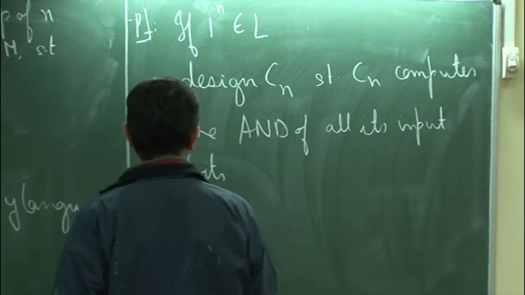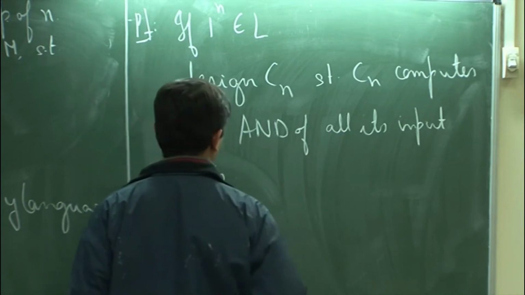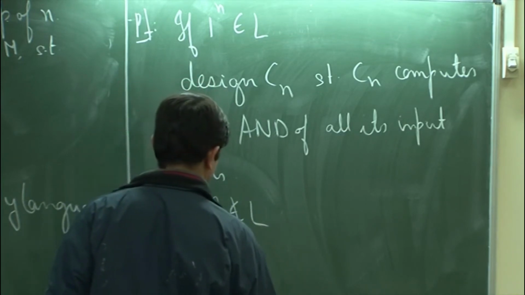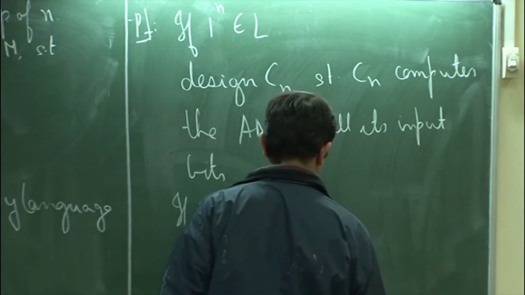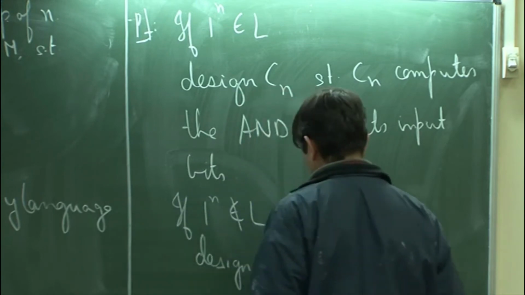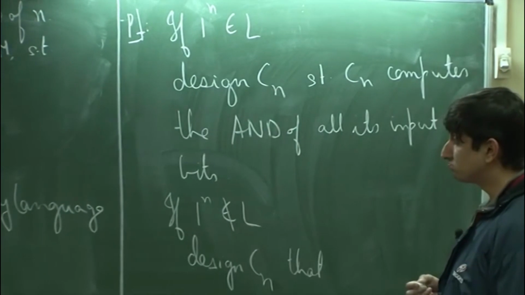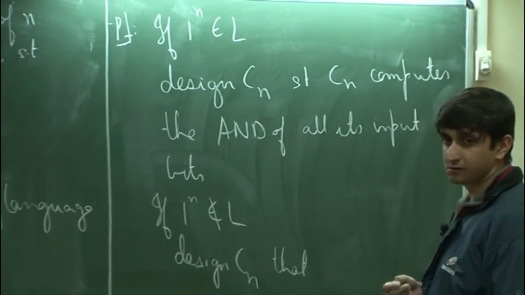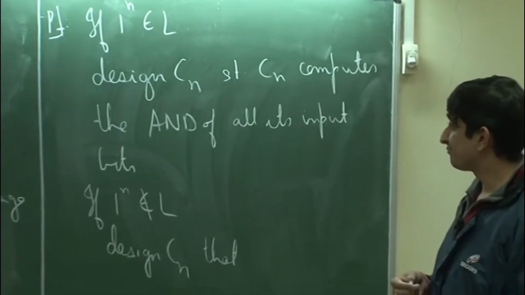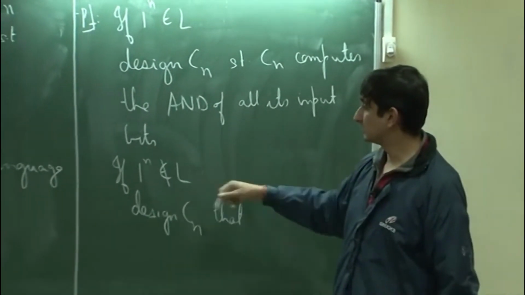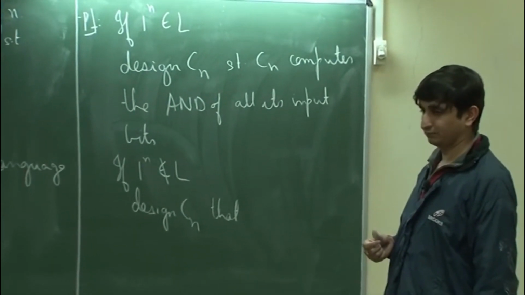And if 1 to the power n does not belong to L, then design C of n that, take one node, take the first input bit and wire it to a node.